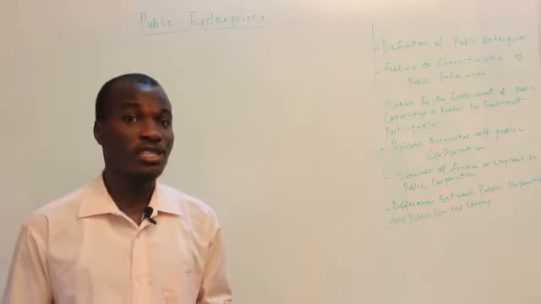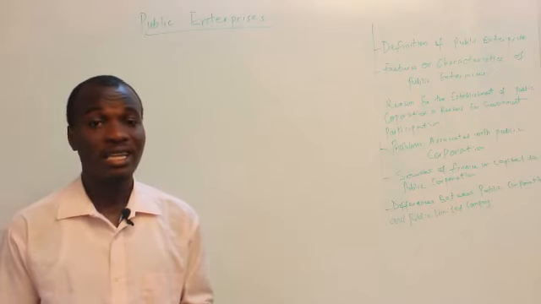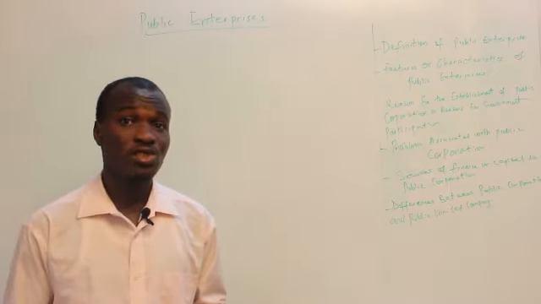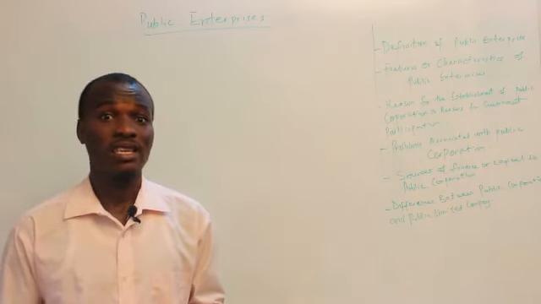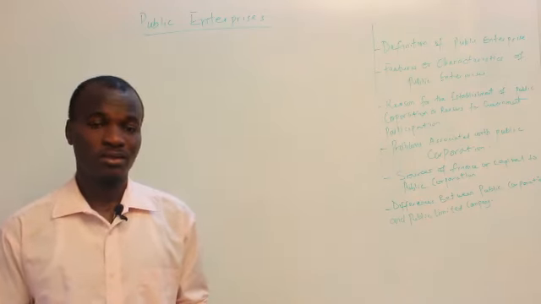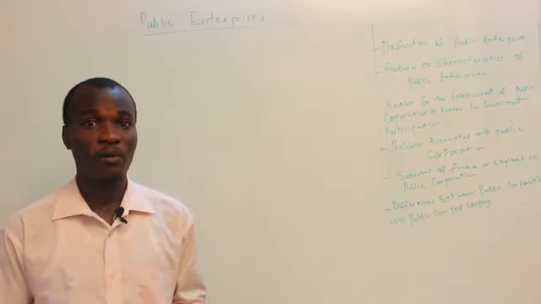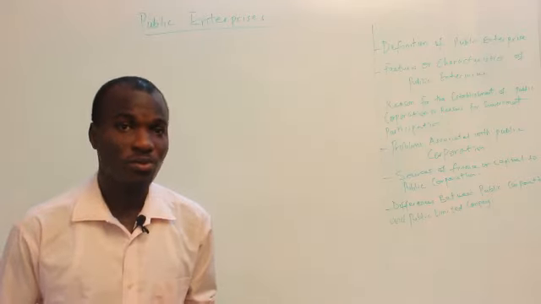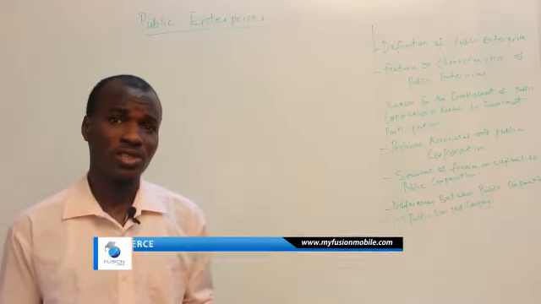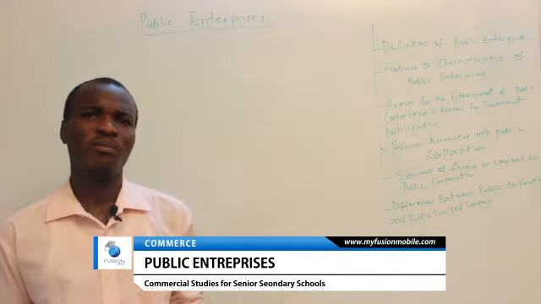The enterprise is not usually formed for profit making, but rather they are formed to provide services to the people of that country. Government does not form such an enterprise for the major aim of making profit, but to provide services for the people. Also, such an enterprise is usually established through an act of parliament.